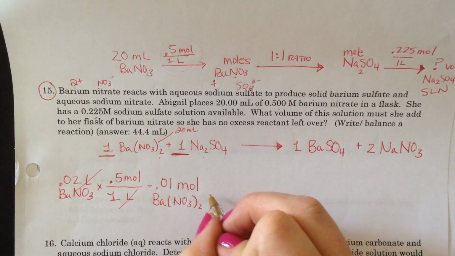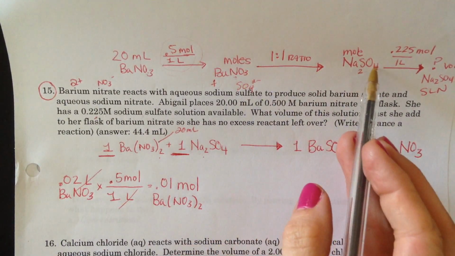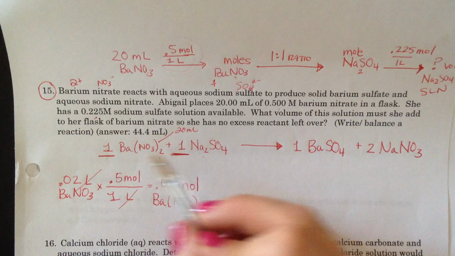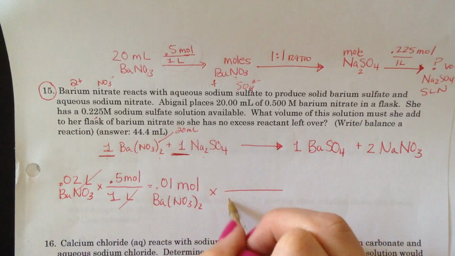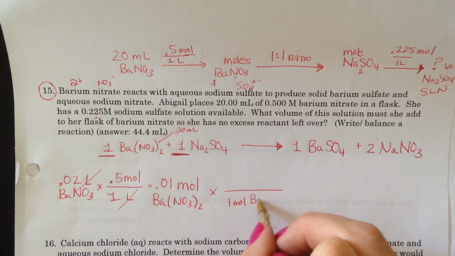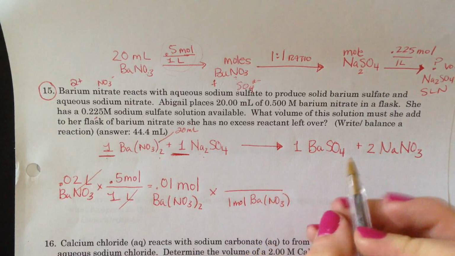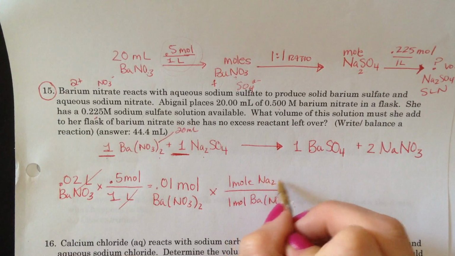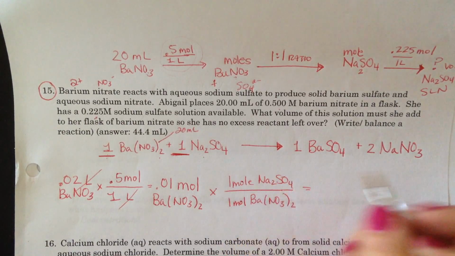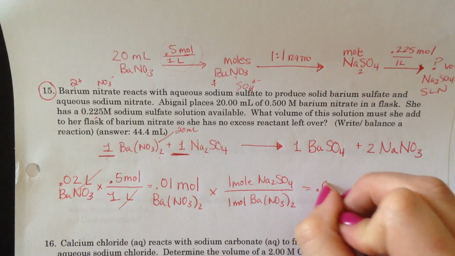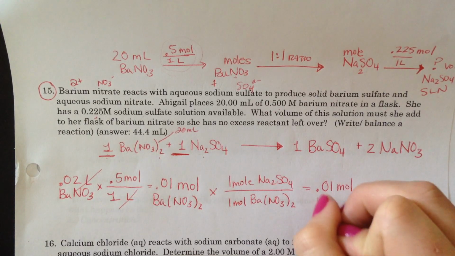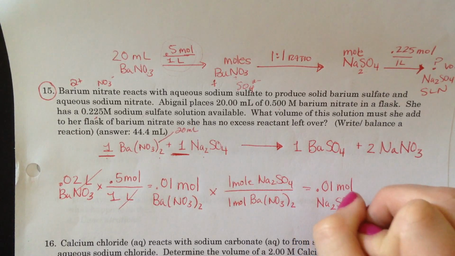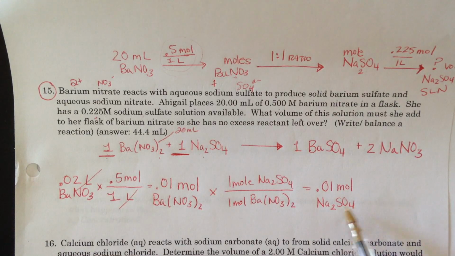Now, to convert that to moles of sodium sulfate, I use my ratio. Every 1 mole of barium nitrate requires 1 mole of sodium sulfate to react with it. So we should have 0.01 moles of sodium sulfate that we need. Now again, it's not a gas, it is not a solid, it's in solution.